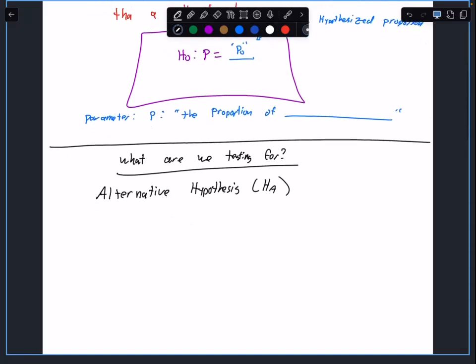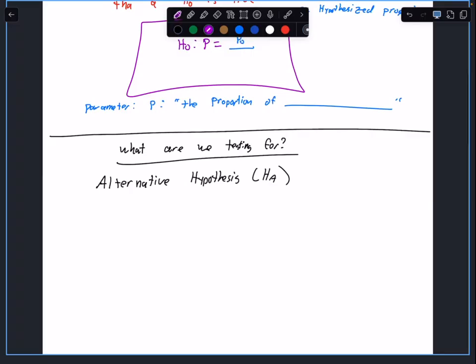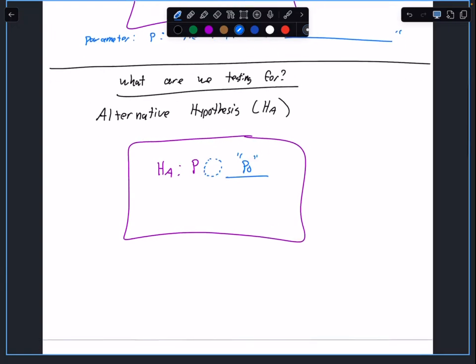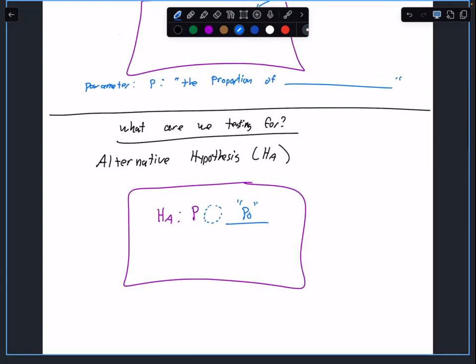And the way that we write the alternative hypothesis is HA: p, then a little box, then p0. Now, what goes inside that box can be one of three different symbols. It could be a less than symbol.